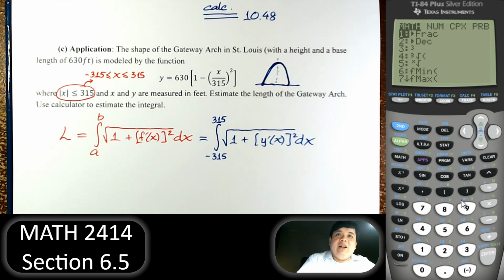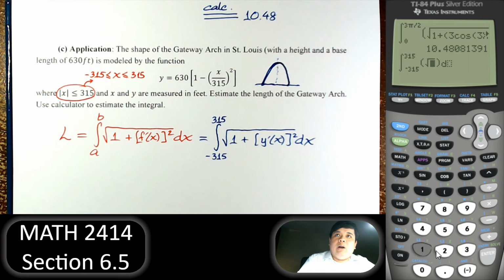Once again, math number 9 for integral, negative 315 to 315, square root of 1 plus derivative, math option number 8, and the derivative of the function, so alpha trace y1, we enter the function into y1, and the derivative with respect to x.